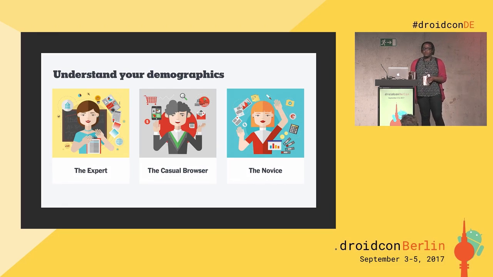You want to make sure that you're buttressing that information against the demographics of your users. And so it's really important to do the work to figure out who your users actually are. Even if you don't have a user research team at the company that you work at, that's okay. I'm not going to go over them in this talk, but there are plenty of tools online that can help you understand how to dig into the information that you have so you can figure out who your users are.